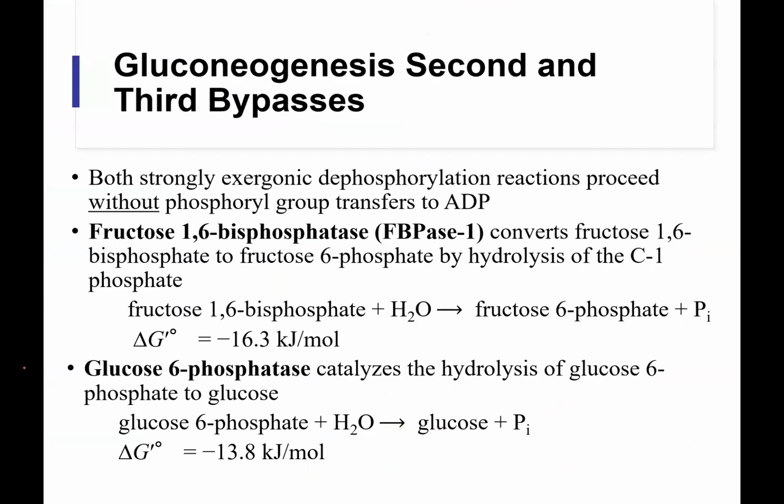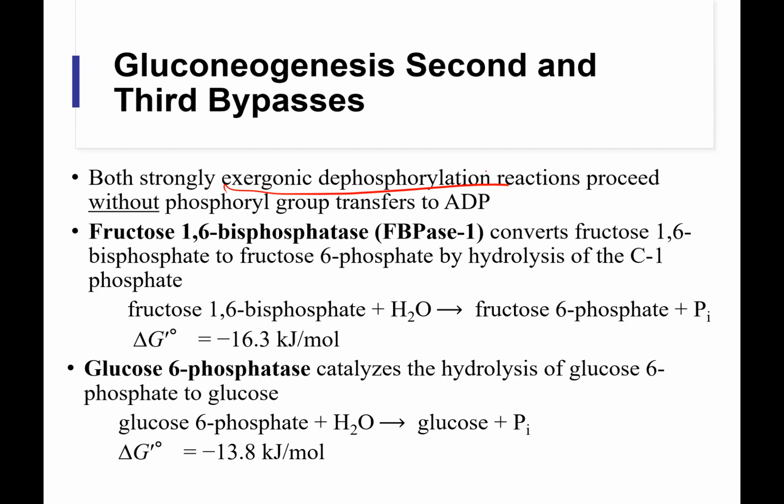Okay, so now we can take a more abbreviated look at the second and third bypass reactions. Again, both are strongly exergonic. They're both dephosphorylation reactions.